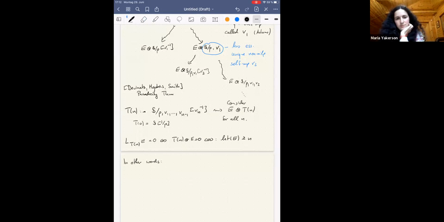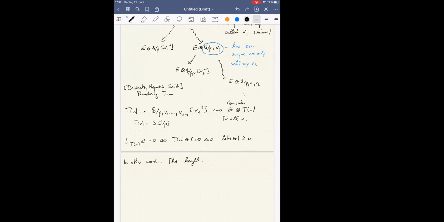So in other words, the height of a spectrum is the maximal n such that Tn tensor E, I mean here non-zero also.